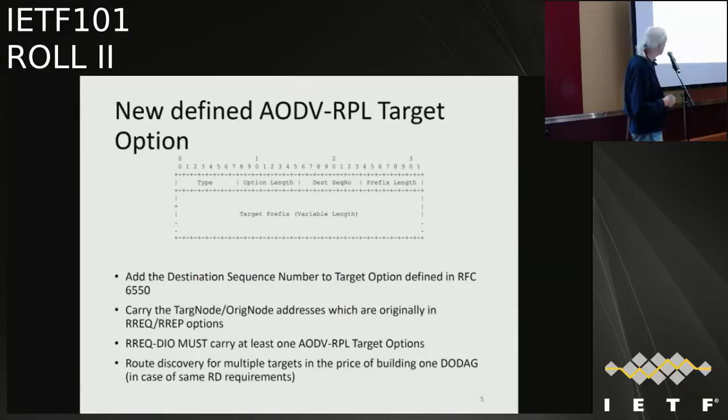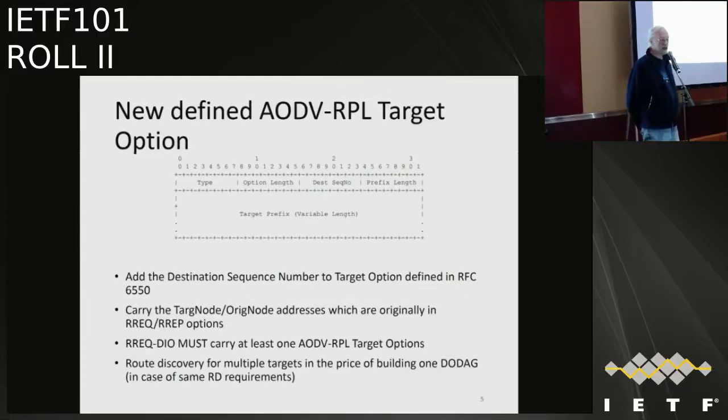Now, this brings up an interesting point. If you're going to have multiple targets in the AODV Ripple document, we defined a use of the destination sequence number, which is an AODV construction to essentially make it impossible to have routing loops, which is a good idea. But if you don't put it in the route request, then it means that the target has to respond.